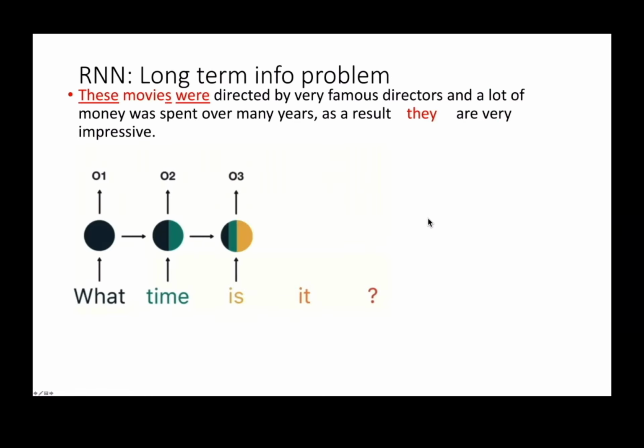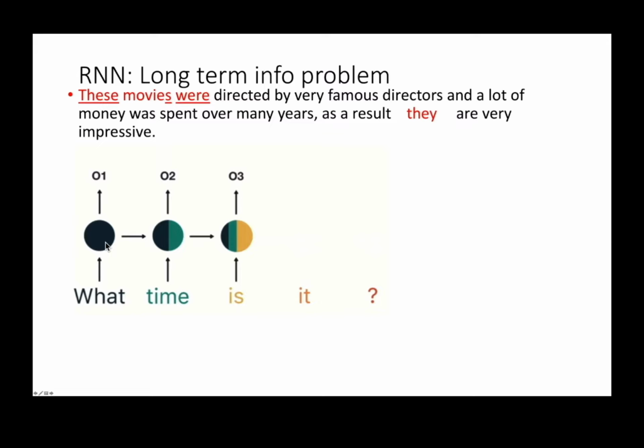All right, so RNNs suffer from something called the forgetfulness or long-term information problem. If you notice, the RNN keeps taking the input at each time step and adding it to its hidden state, and with every time step, the input that came pretty far back will keep getting a smaller and smaller representation in the hidden state.